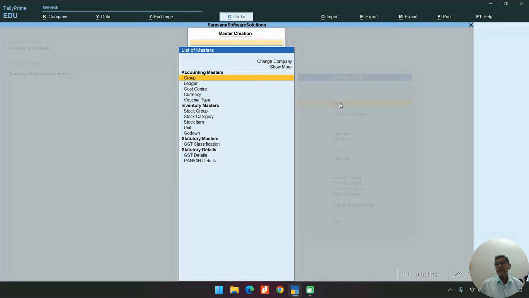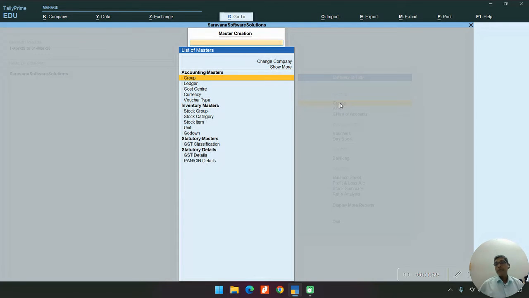The next is voucher types. Yes, it shows the authenticity of your transactions. In Tally, there are 24 predefined voucher types like purchase voucher, sales voucher, receipt voucher, payment voucher, rejection in, rejection out, credit note, debit note. Similarly, there are 24 predefined voucher types.